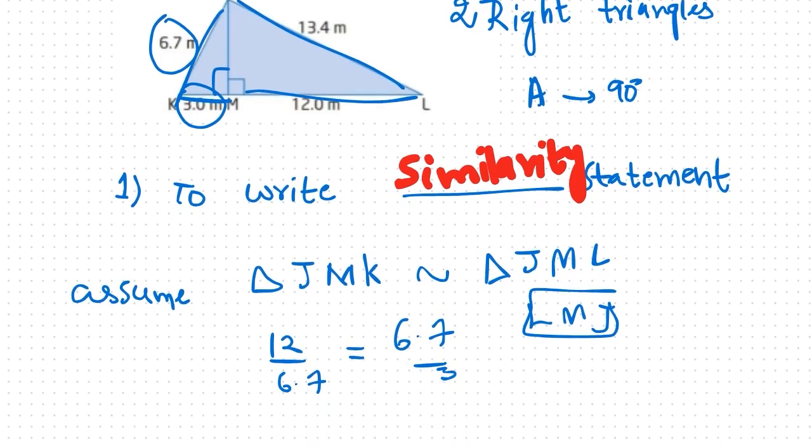Can you check it in the calculator? Okay, 12 divided by 6.7 is 1.79. And no, they're different.